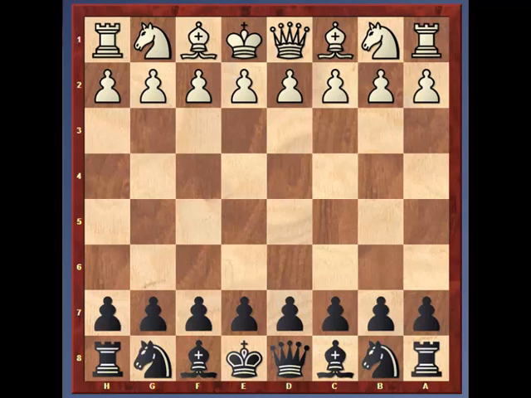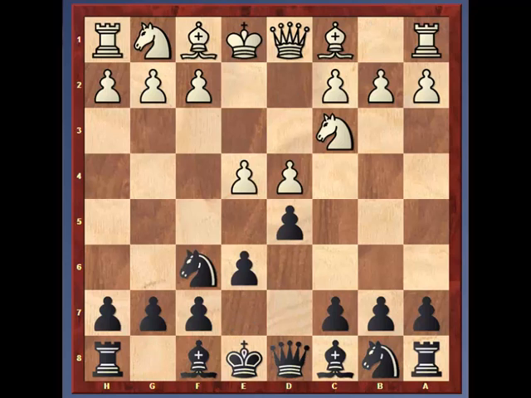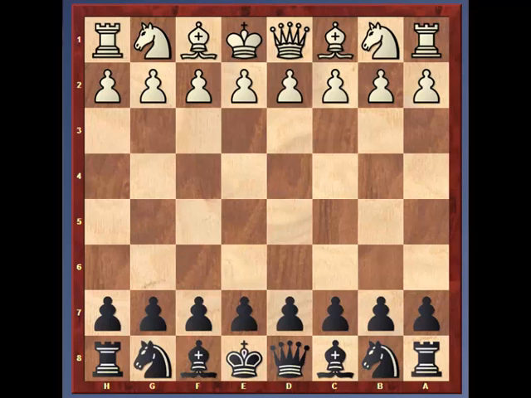This is the classical. And extended through as the Anderson variation. This is the Anderson-Richter variation of the classical.